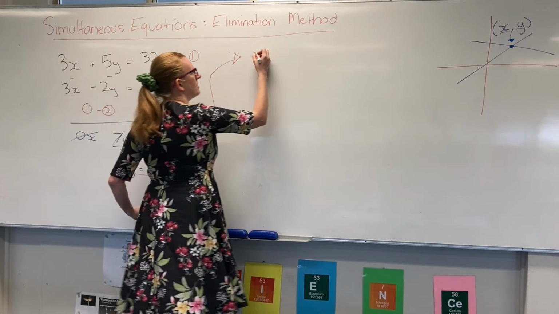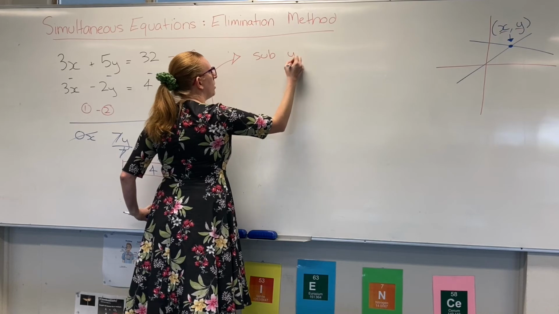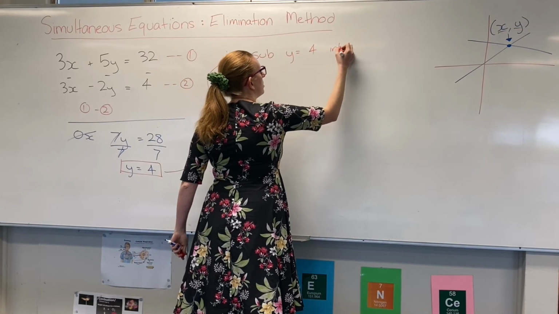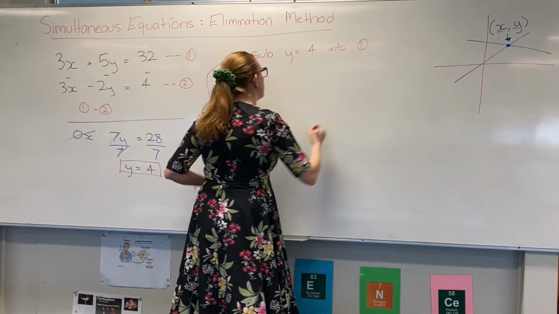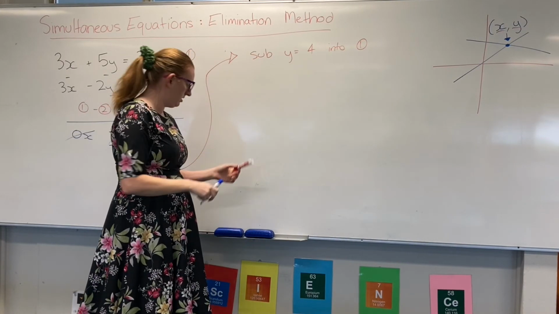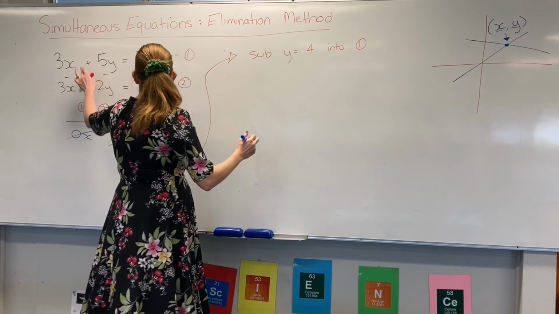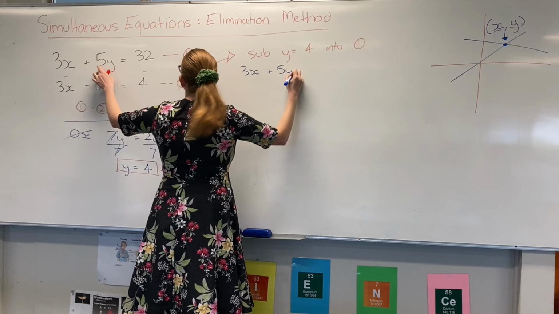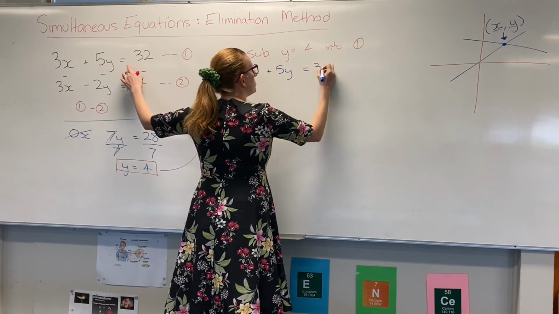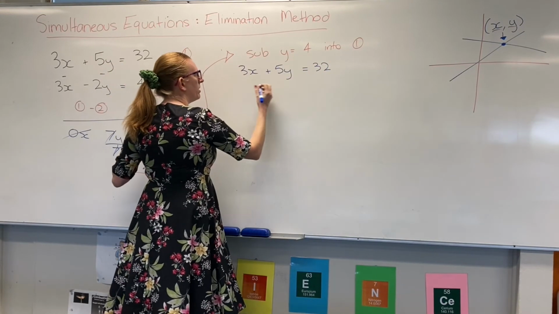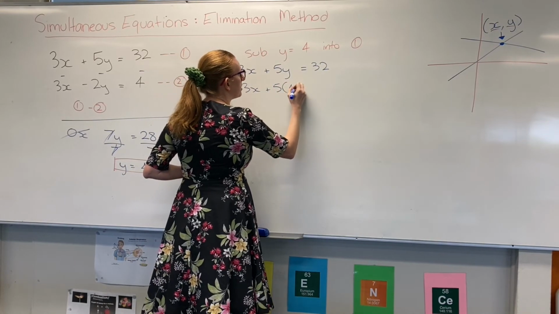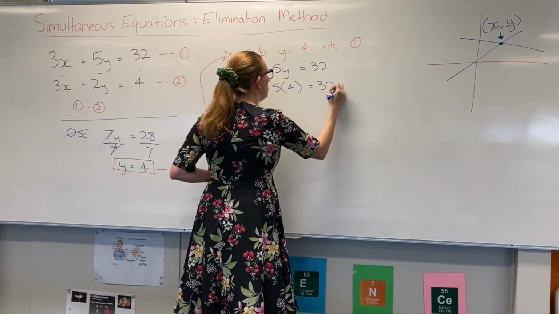So I'm going to sub y equals 4 into equation number 1. Equation number 1 was 3x plus 5y is equal to 32. I'm subbing y equals 4 into that, so 3x plus 5 brackets 4 is equal to 32.